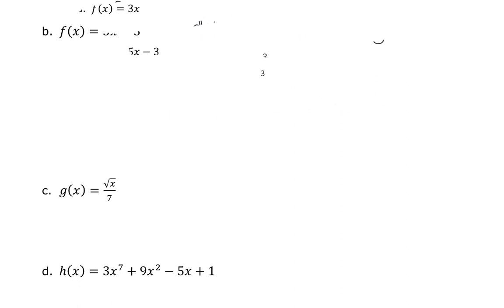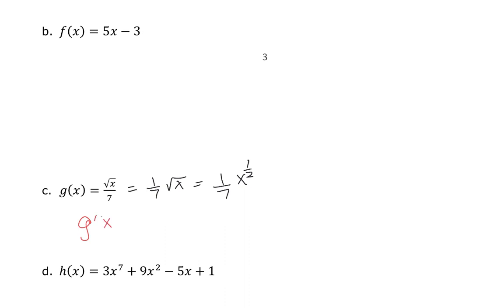And in fact, I'm going to write this as 1/7 square root of x, which is the same thing as 1/7 x raised to the 1/2. Now I can see the 1/7 is just a multiplier. So when I'm ready to do g prime, this is going to be 1/7. The exponent on x raised to the 1/2 is 1/2. X raised to the, and then I'm going to subtract 1 from there.